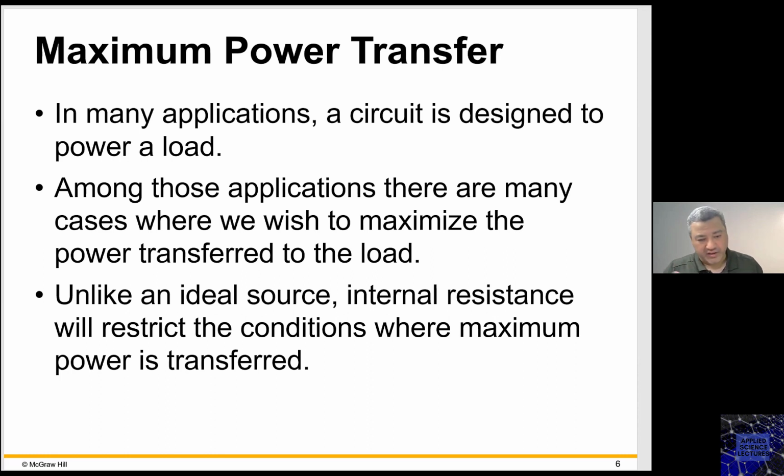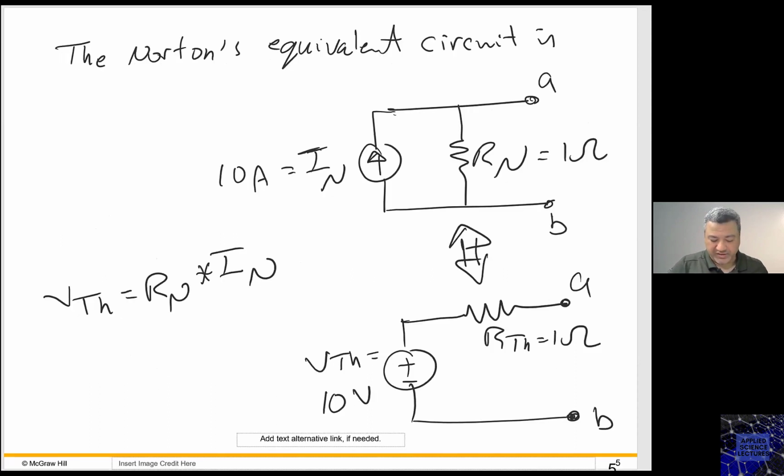In ideal sources, as we will see later on, we always say that if we have an internal resistance with that circuit, which is usually, if you look at this circuit, this R Thevenin here is the internal resistance for that circuit.